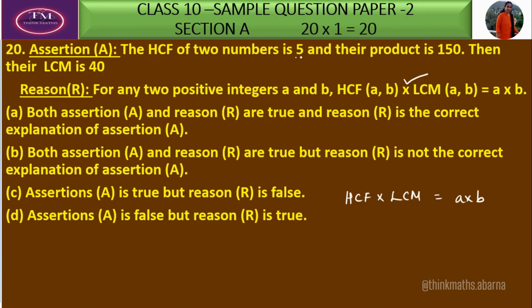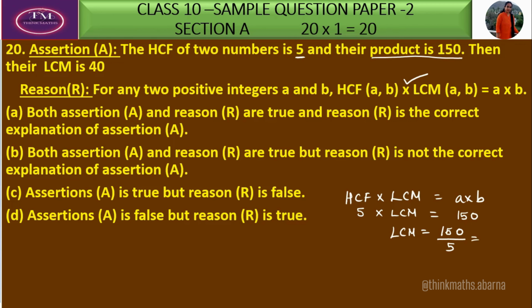So what is given here? HCF is 5. So 5 into LCM equal to A cross B. They gave the product as 150. So A cross B is 150. Product of two numbers, its answer is 150. So then what is LCM? LCM will be equal to 150 divided by 5, since 5 is in product, so it will come to division on the other side.